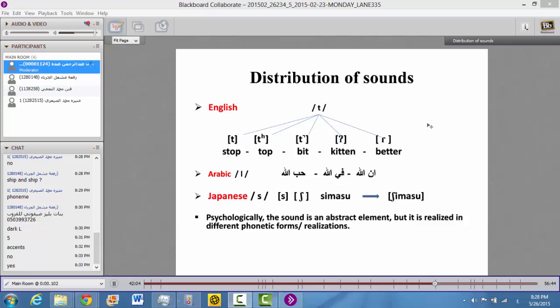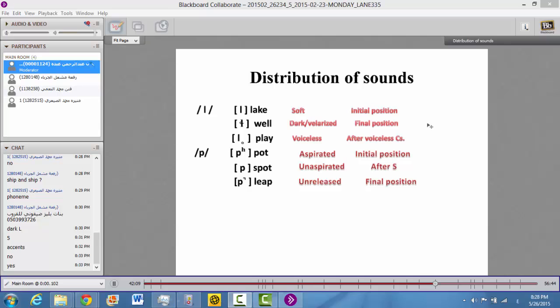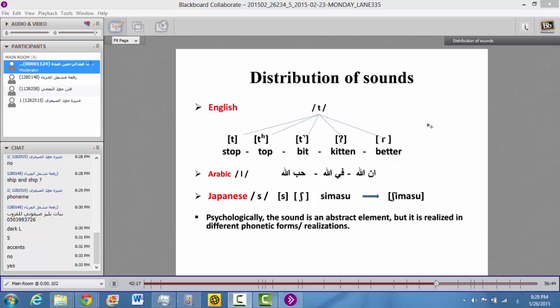Is it similar to English? In English we have soft and dark depending on the position, initial position, final position. What about Arabic? Why do we say Inna Allah dark and fillahi soft? Try to think.